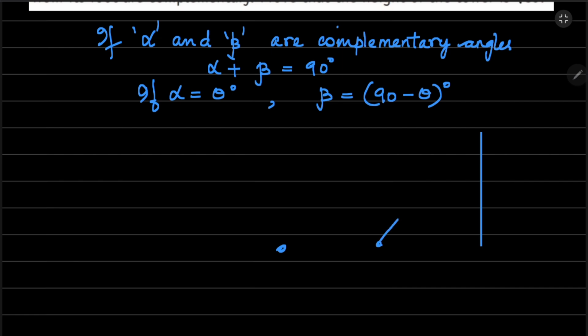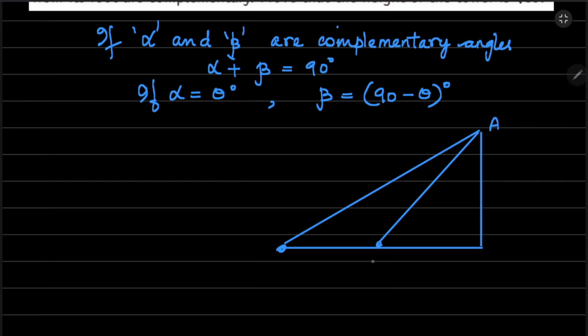Let me draw the angle of elevation of the top of the tower from both the points and also draw the horizontal. Now, let this be your points A, B, C and D. This is the tower of height h. AC is the tower of height h.